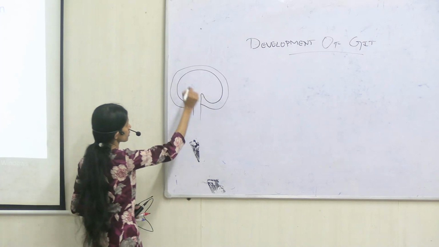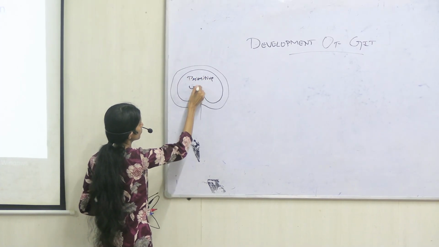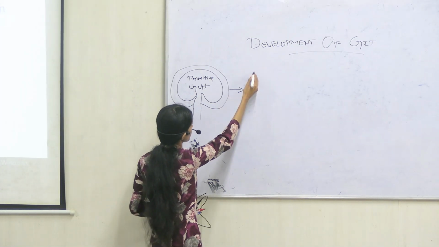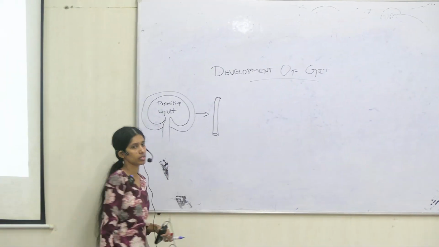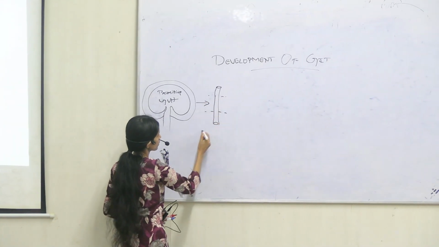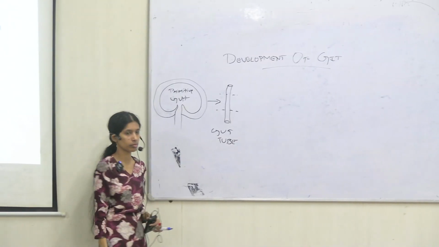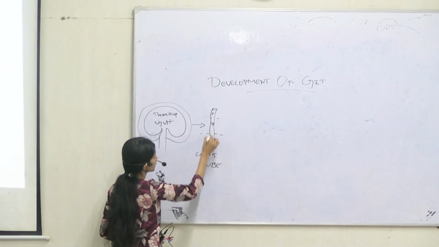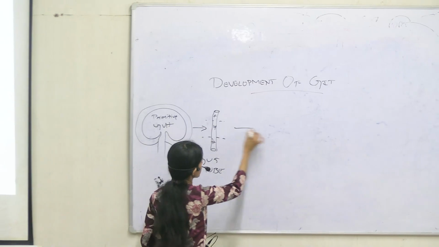This particular structure you are seeing here is the primitive gut. I even mentioned later that the same primitive gut will develop into a gut tube like this. We divide the gut tube into three parts: foregut, midgut and hindgut. This much we have already discussed.